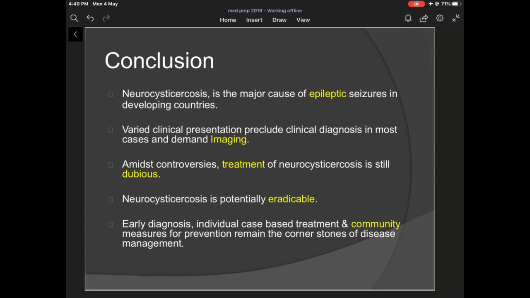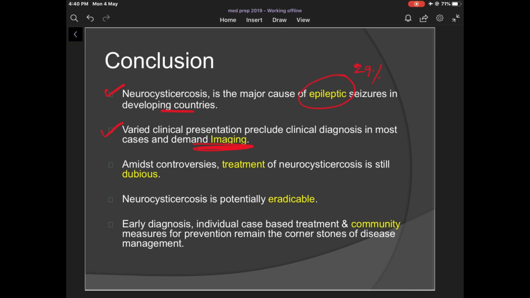Let's talk about the conclusion. Neurocysticercosis is a major cause of epileptic seizures, as we know by now. In developing countries, 29% of seizure patients have neurocysticercosis as the primary cause of seizures. Varied clinical presentations preclude clinical diagnosis in most cases and demand imaging. Neuroimaging is very much required in most cases.